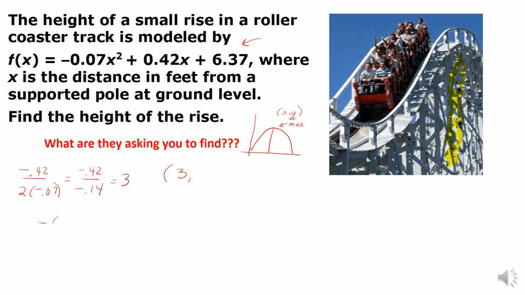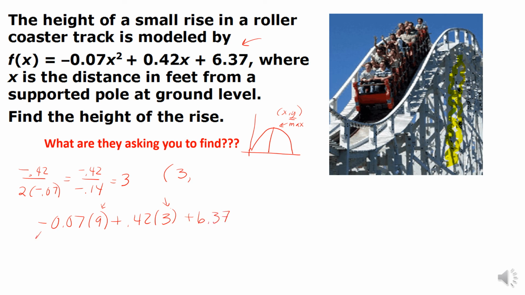So I'm going to get -0.07 times 3 squared, which is 9, plus 0.42 times 3. One of the most common mistakes people make is they square both or don't square one of them. So make sure the first one is squared, and this one is just the axis of symmetry, plus 6.37.